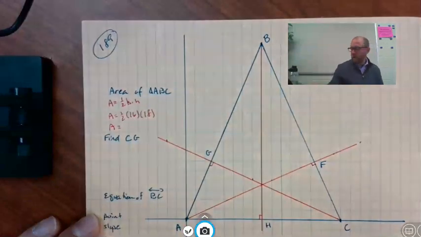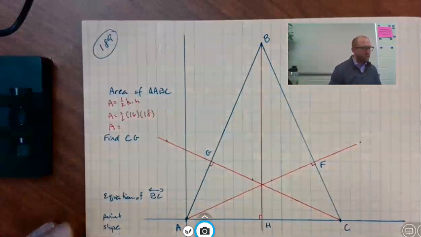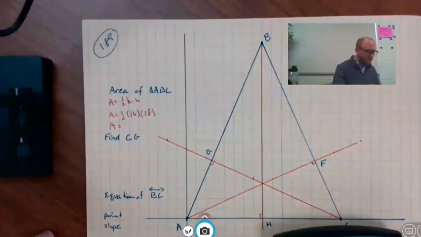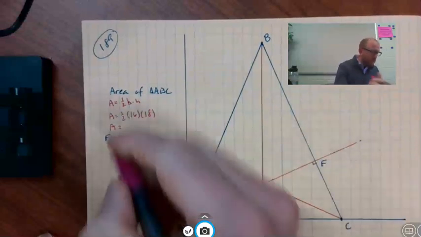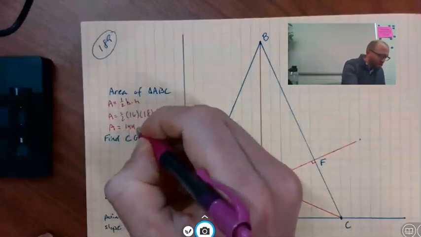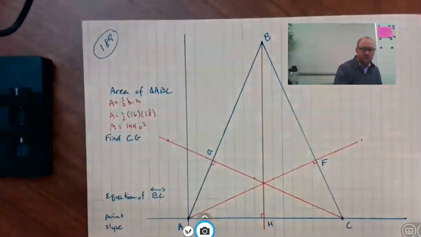So area equals, where's my calculator so I don't botch this up? Alright, so that's 8 times 18. That's 144. So the area of this is 144 units squared.